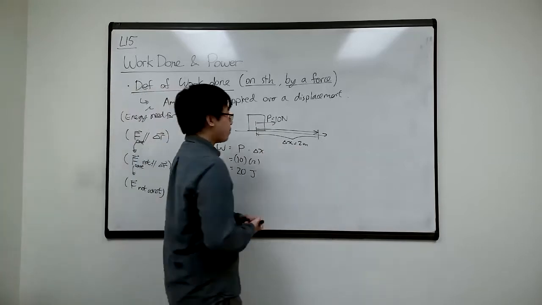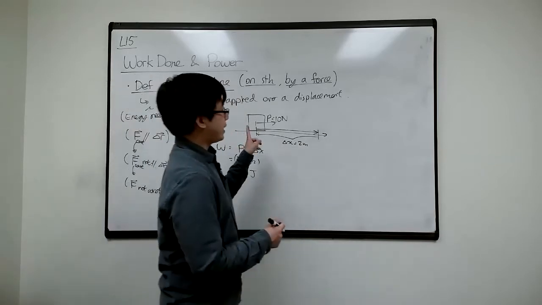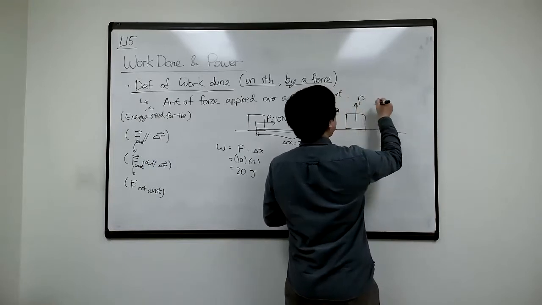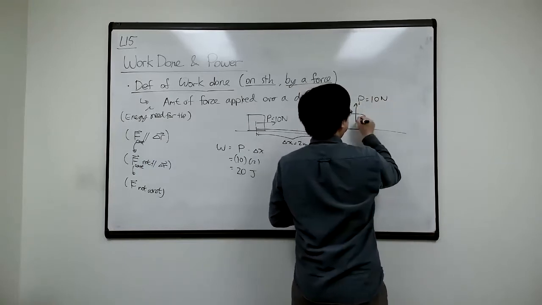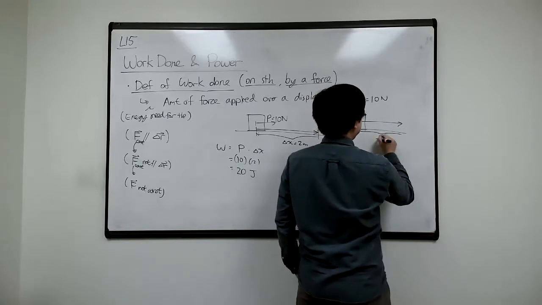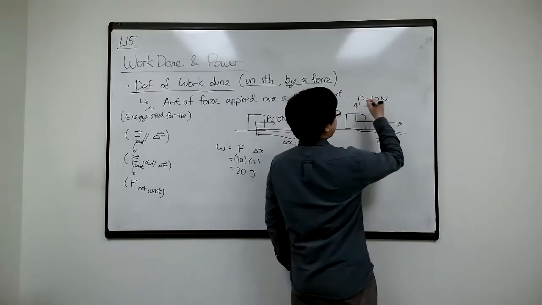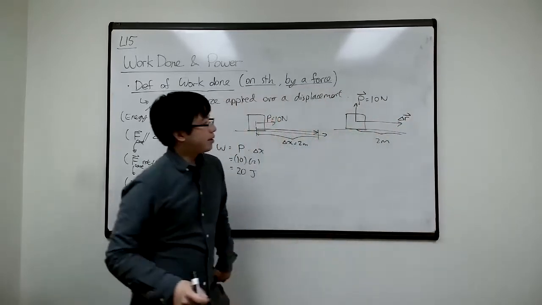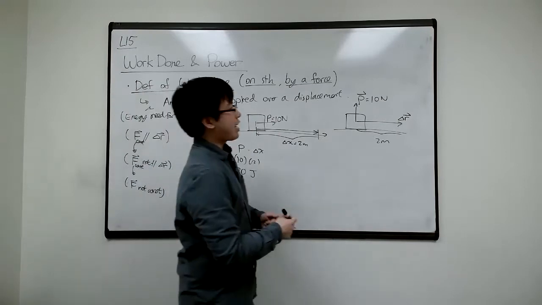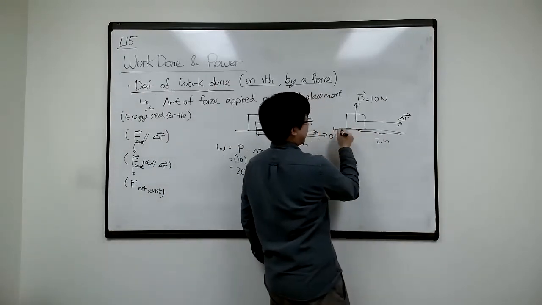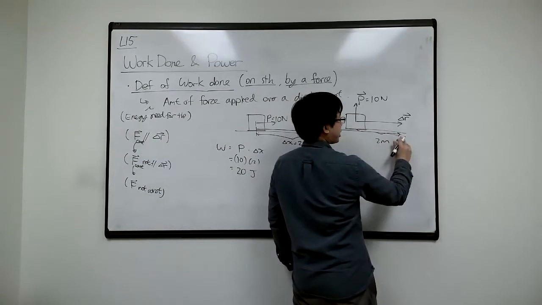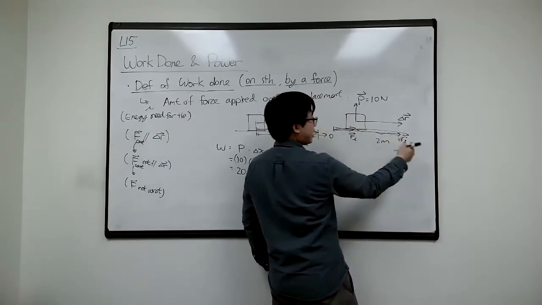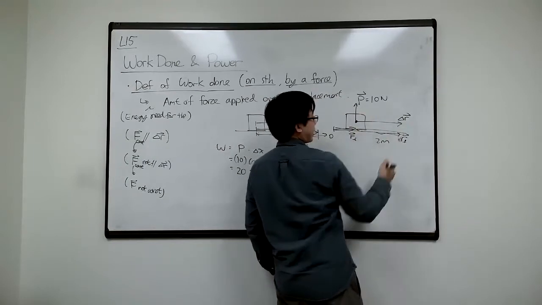Extremely easy. Now, if I push it in a perpendicular way, say I push with 10 newtons and it moves this way for 2 meters. This is my pushing force and this is my displacement. Displacement is final minus initial, so the final position vector Rf minus the initial Ri goes from here to here.